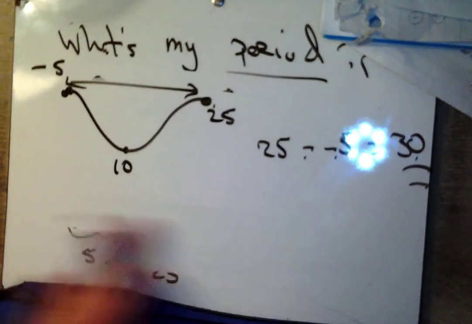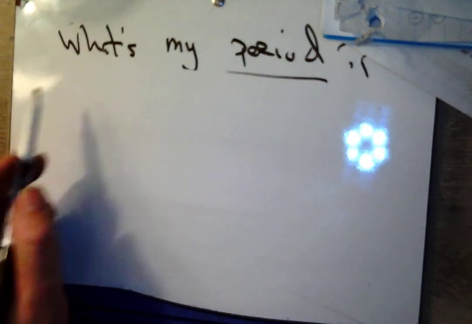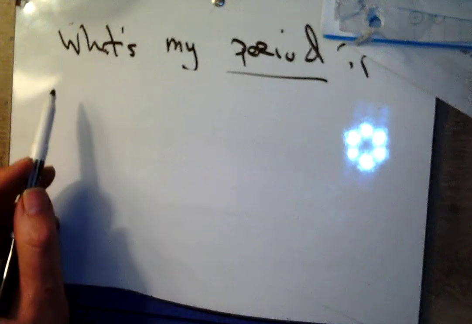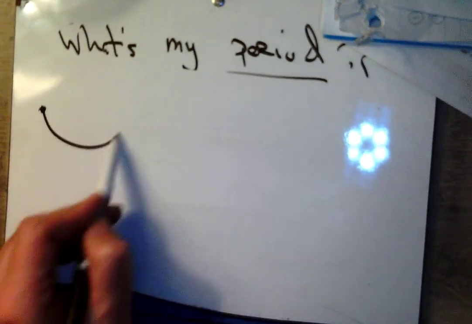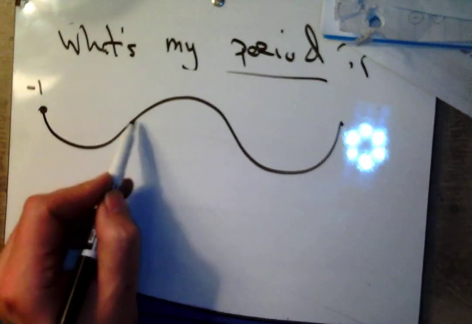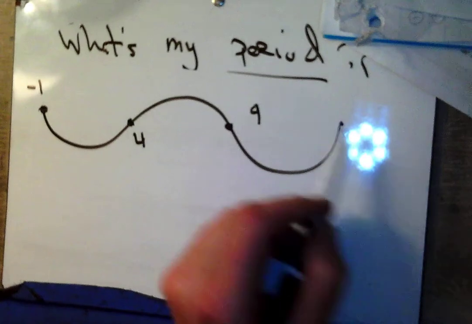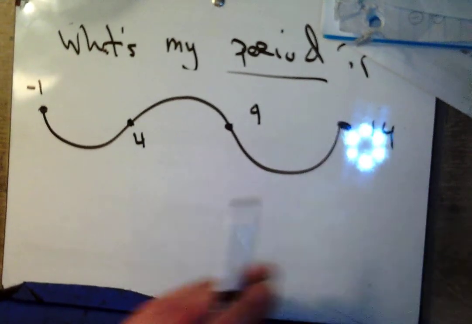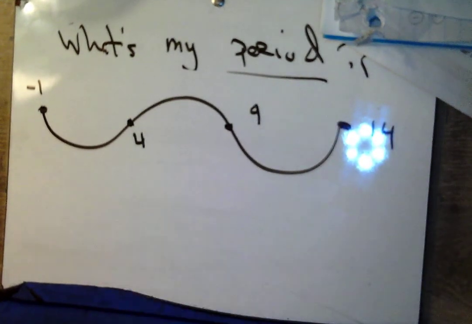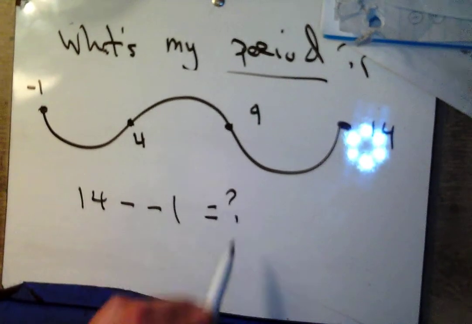Okay. How about this one? So here we have negative 1, we have positive 4, we have positive 9, we have positive 14. So is our period going to be 14 minus a minus 1?